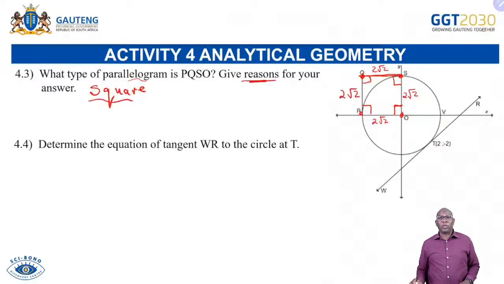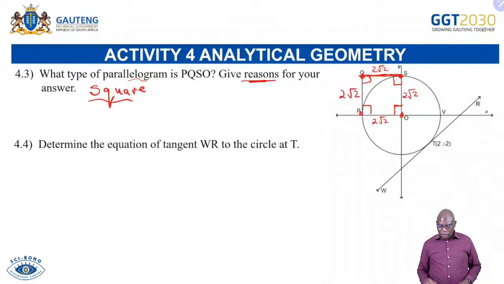Now, that's where the problem lies. Give us reasons why you say it's a square. With the square, we know all sides are equal, but that is not enough. Remember, if we say all sides are equal and leave it there, in a rhombus all sides are equal too. So what is the difference between the two?